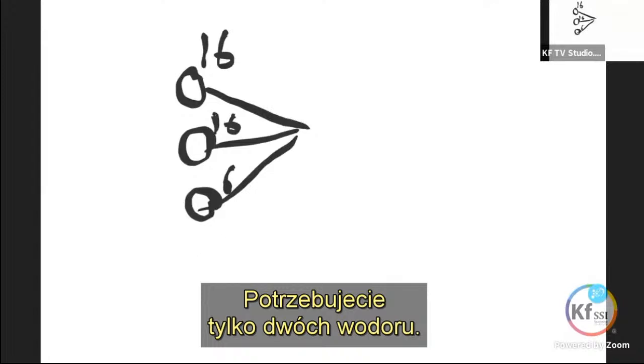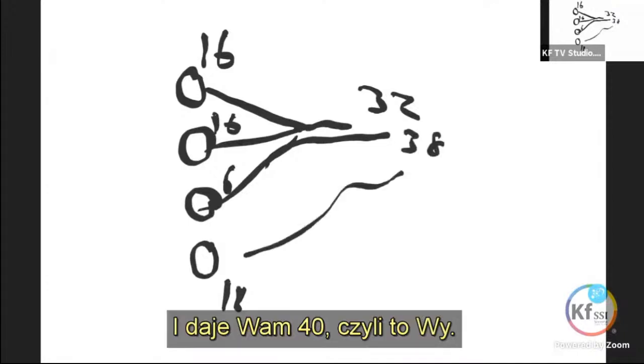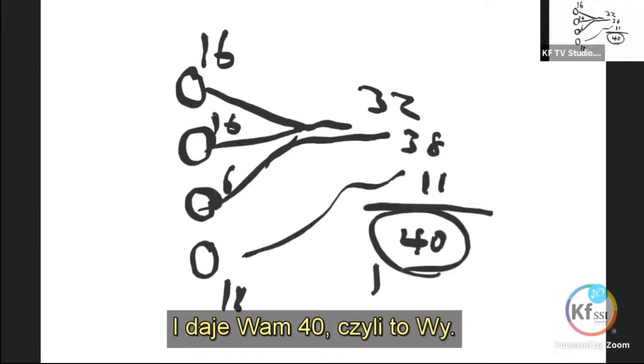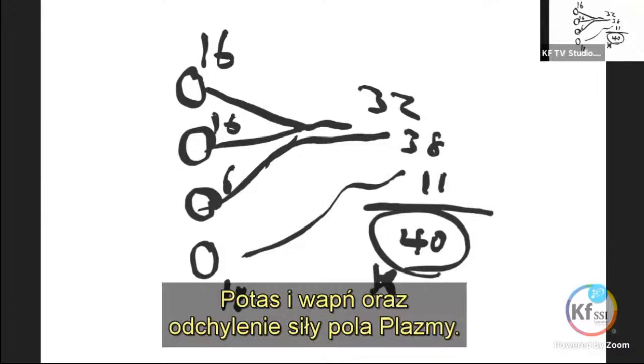Only you need is 2 hydrogen. These 2 gives you 32. The 6 gives you 38. And gives you the 40, which is your potassium and calcium in deviation of the field strength of the plasma.